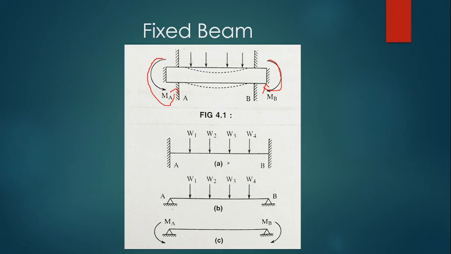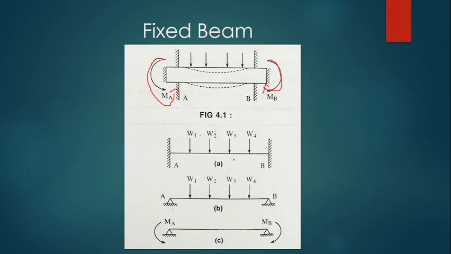And particularly in this diagram you can see this is actually a physical fixed beam, and with a free body diagram, it can be shown like this. These are the various loads W1, W2, W3 and W4 at various distances. These are the fixed ends.